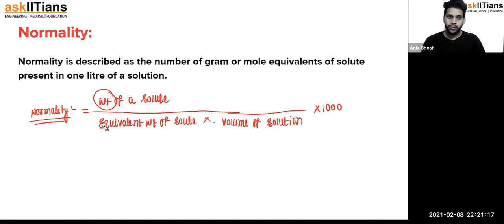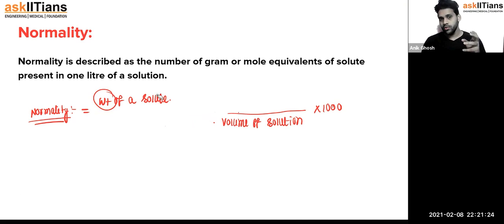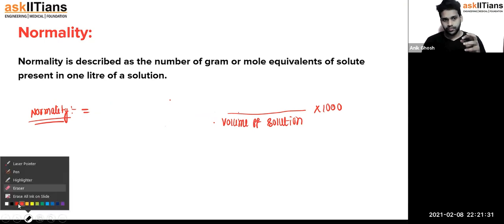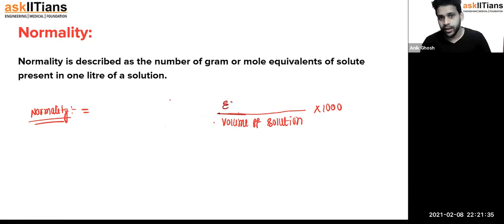So right now, if you just try to remember it in this way, it would be very difficult for you. So I would rather modify this equation a little. I would rather say you just remember it this way: the gram equivalent weight of the solute.